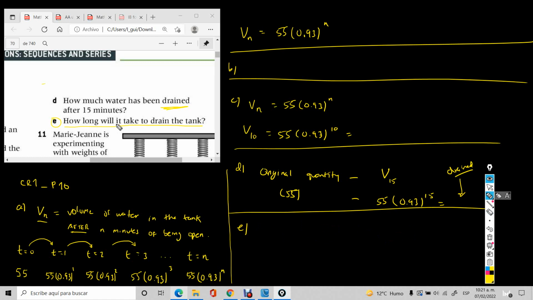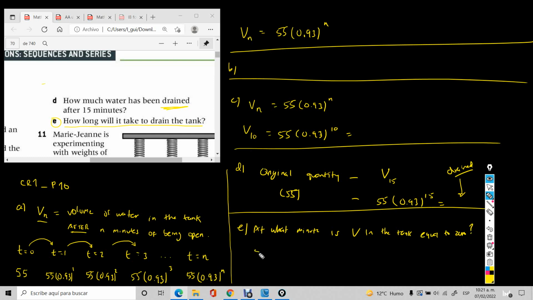If you ask yourself, at what minute is the volume in the tank equal to 0? If you try to use this formula, you're going to fail, because you want to find at what minute this is 0.